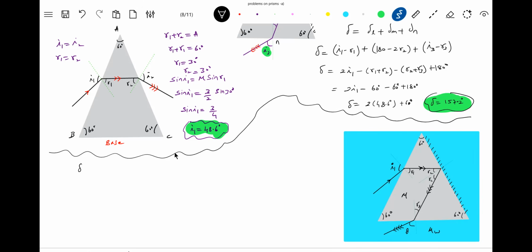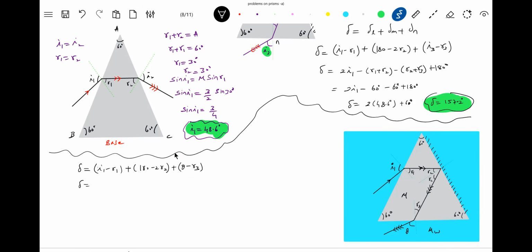So the net deviation will be I1 minus R1, plus 180 minus 2R2, plus theta minus R3.